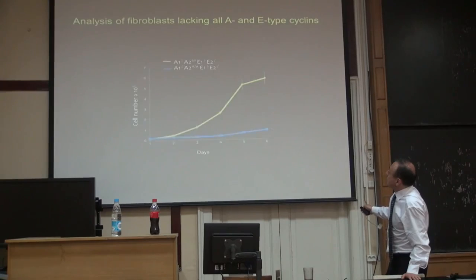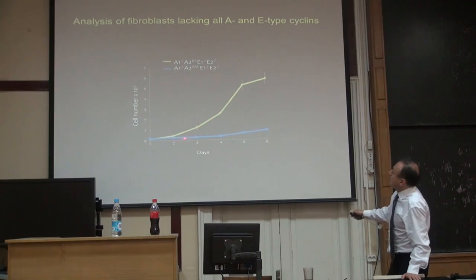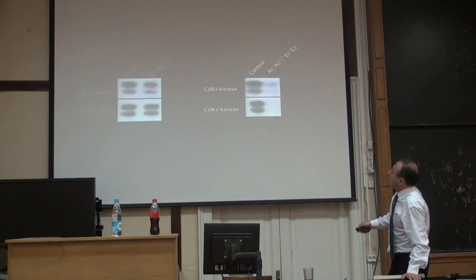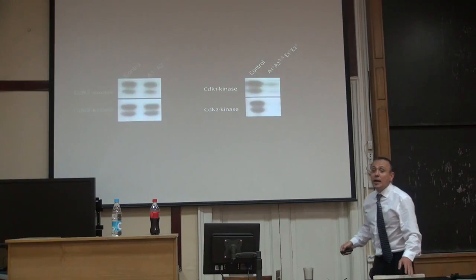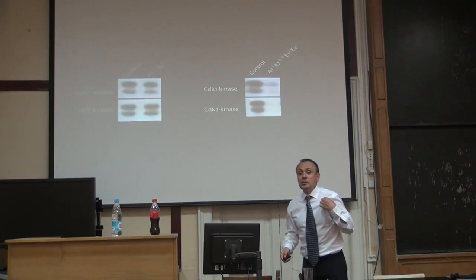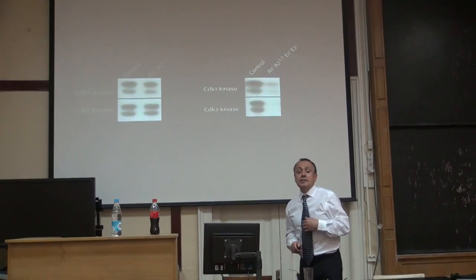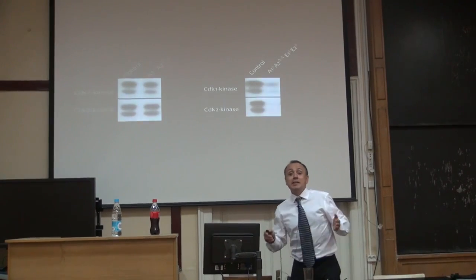This is another way of measuring, and this is the growth of cells. These are the cells before, and this is the shutdown of cyclin A. And now this is the kinase activity. I told you that when we knock out cyclin A, there is still CDK1 and CDK2 kinase activity, and the gentleman in the green shirt said maybe there is another protein.